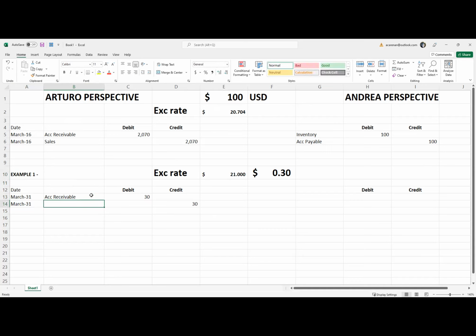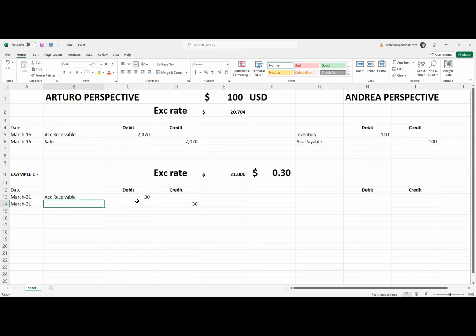So your account receivable increased in value. Okay, guys? Now you match the market value of the first transaction. Right now it's worth 2,100, okay?